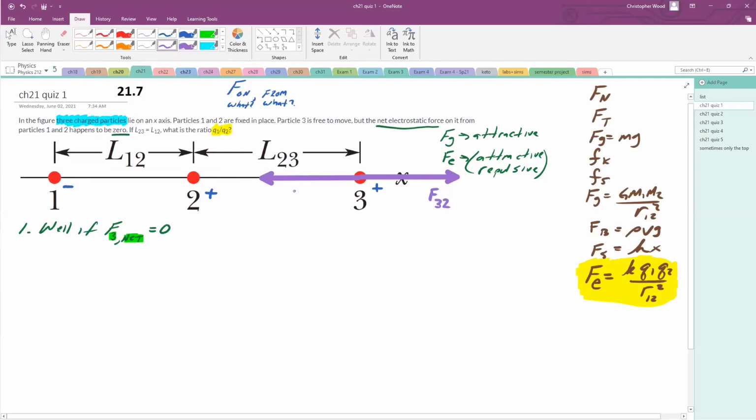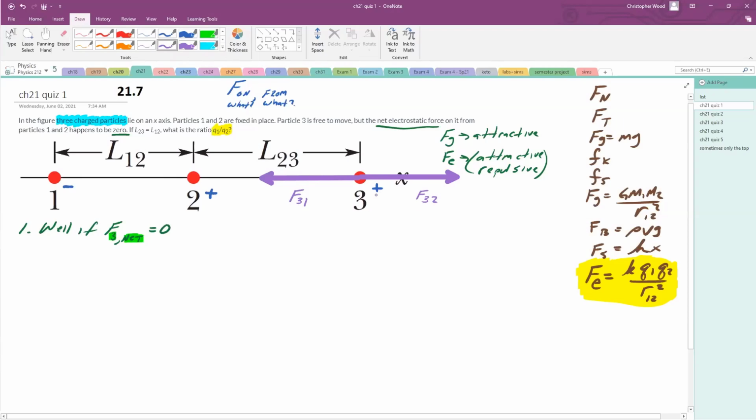So this would be F on 3. It's always the on what, from what: on 3 from 1. I know that has to be the direction of that force. And once again, this must be the force on 3 from 2. That has to be the case.